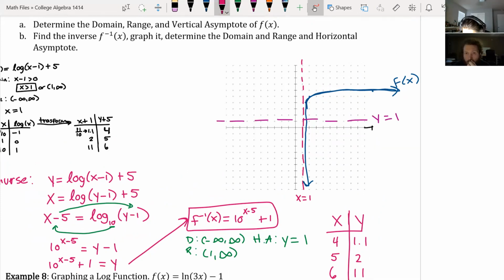I'm at 1.1. So 1, 2, 3, 4, 1.1, somewhere around there. And then 5, I'm at 2, right there. And then 6, we're at 11, which I'll just put up here. So here is our graph. On target.